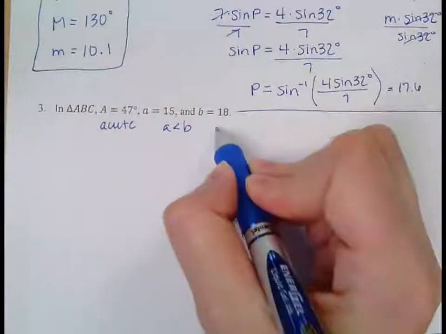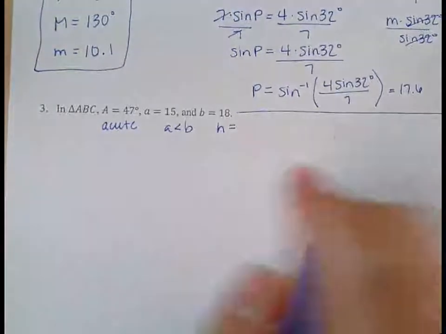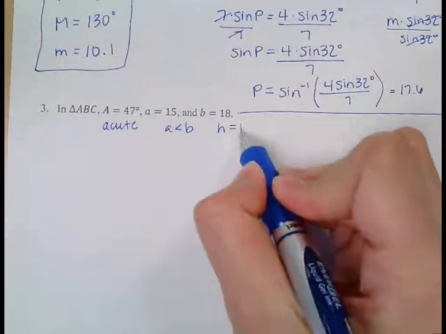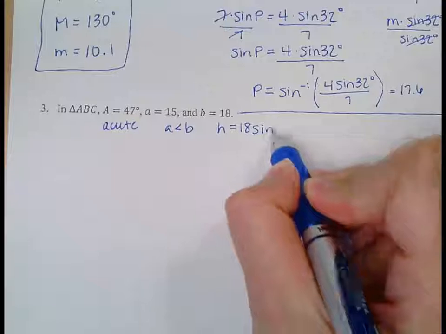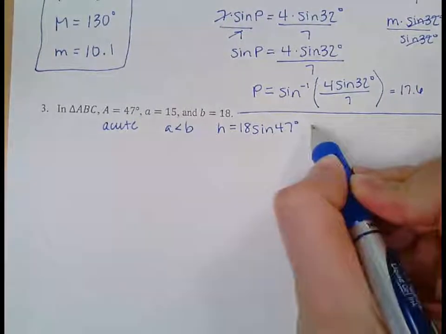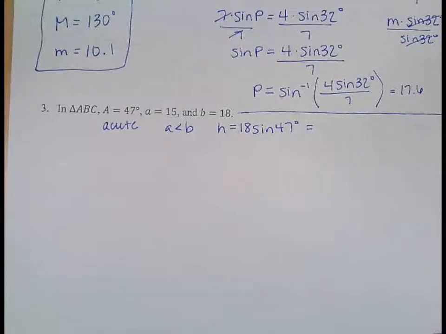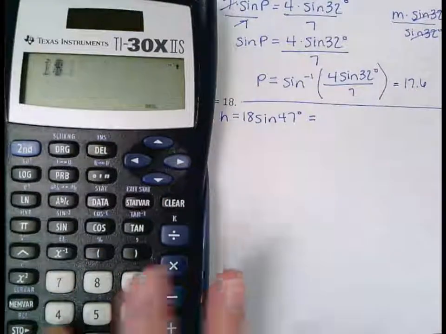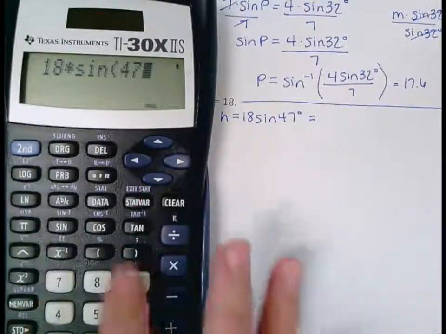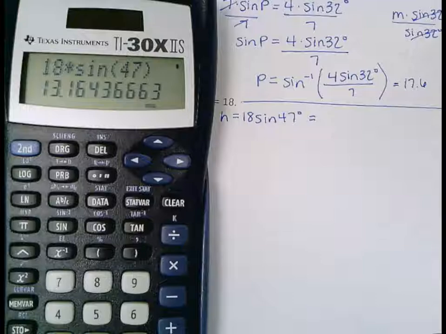So H is equal to side B, which is 18, multiplied by sine of A, which is 47 degrees. So if I multiply 18 times sine of 47, the height is about 13.2.